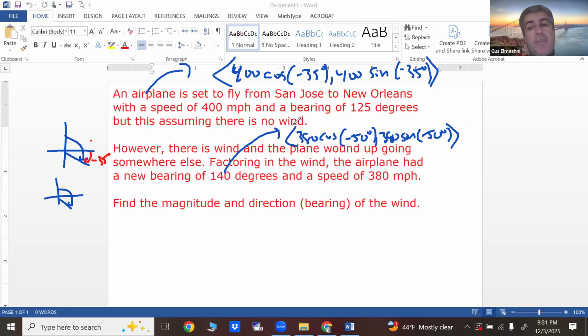And you have to subtract these two vectors, right? Because the airplane plus the wind is the resultant vector. But here I give you the resultant vector, and I give you the airplane, so you got to subtract the two.